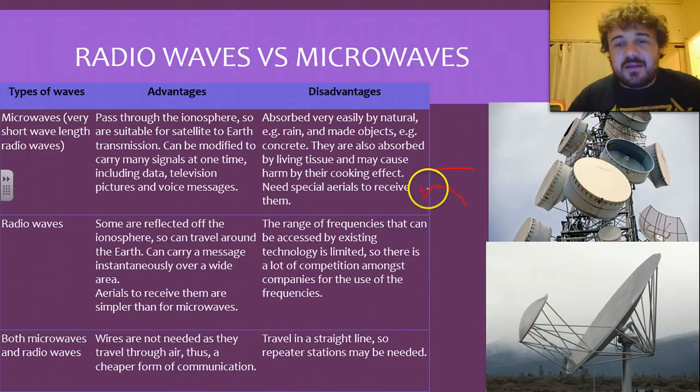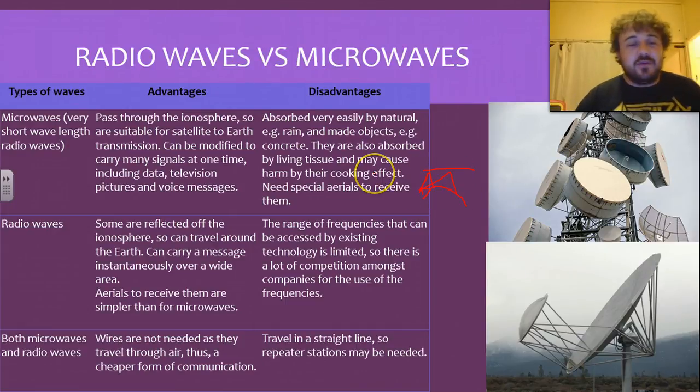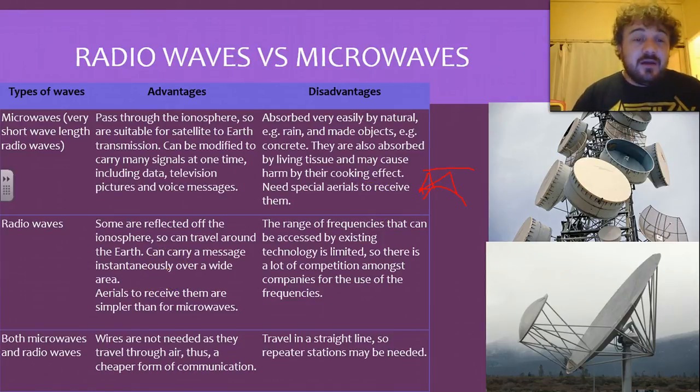Because you can't send a straight line to the other side because the curve of the Earth gets in the way, we can use radio waves, and because they're reflected off the ionosphere, they will bounce around the Earth, and that makes them really useful. So they can carry messages over a very wide area, and they've got really simple aerials.